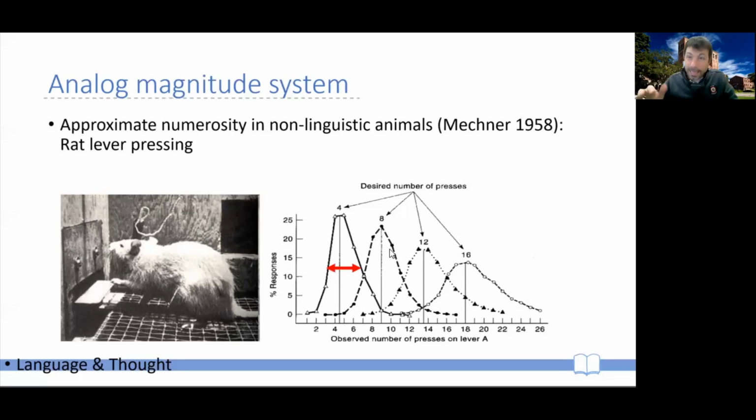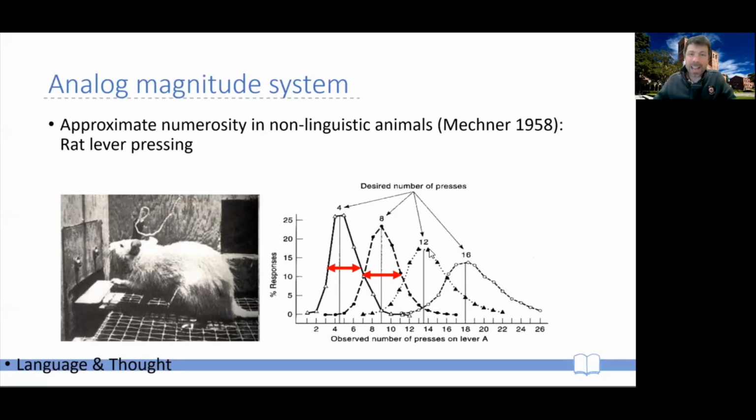So it's inexact, but overall they got the approximate numerosity. And again, notice that it's fairly coarse. They don't understand exactly 8. It's in the vicinity of 8, right? It's an approximate number system.